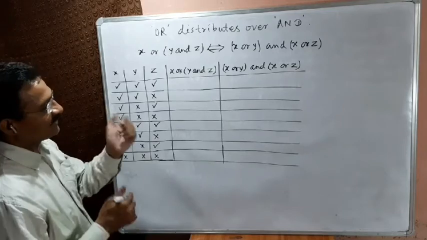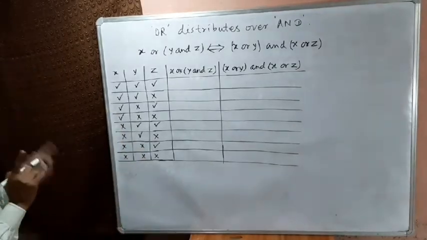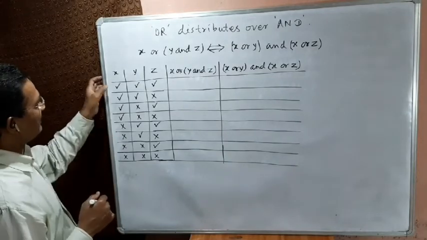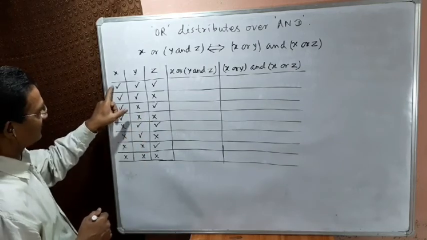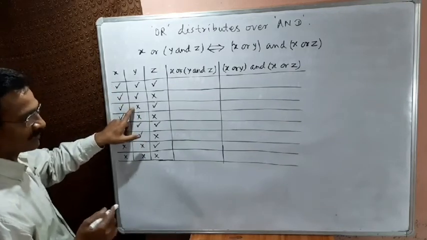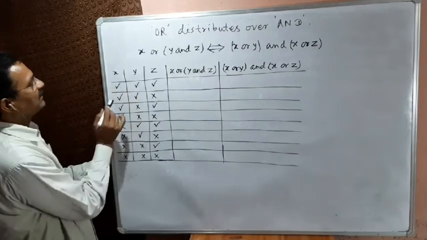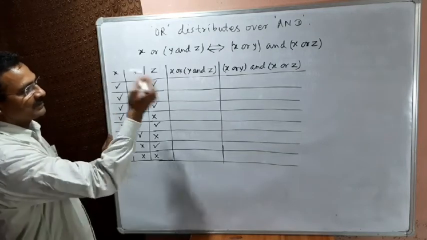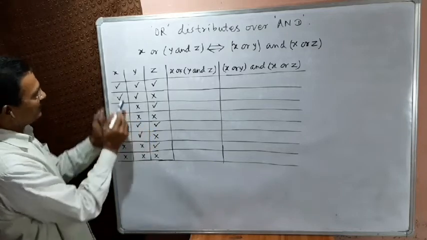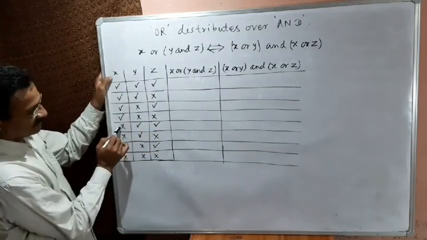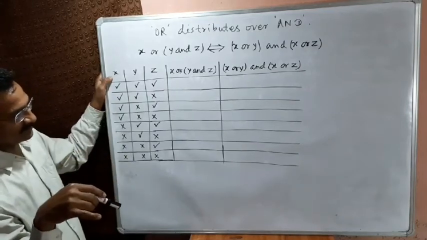If X is a person, then either the person will come or will not come. If yes, I have taken this tick symbol. If no, I have taken this cross symbol. The correct symbol and the cross symbol, wrong, false. If I write this symbol here, it means X happens. If X is a person, he comes. And if we write a cross, it means X does not happen. If X is a person, X does not come.